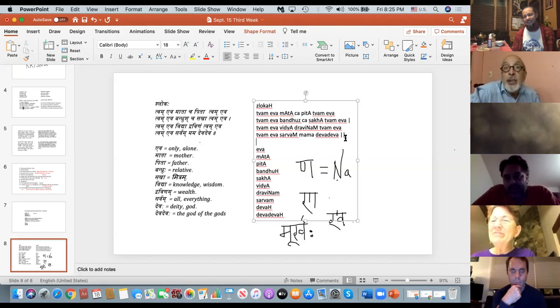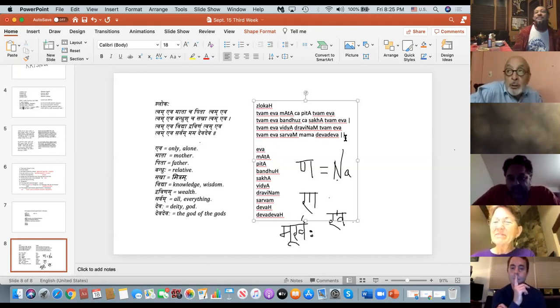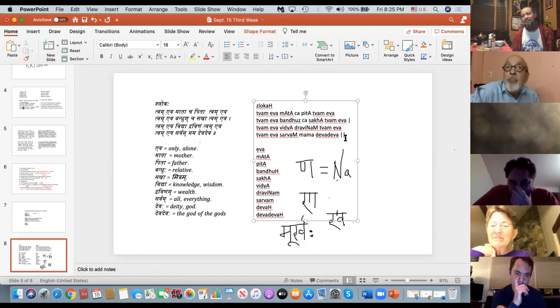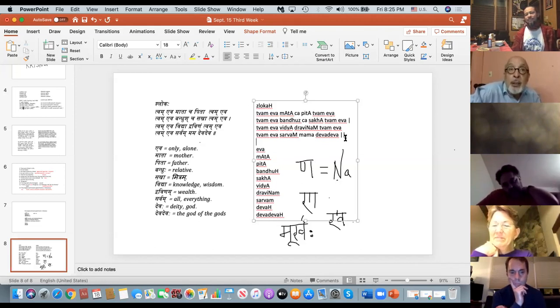It is very easy to memorize Sanskrit text, and memorization in traditional Sanskrit school is still considered very important. Sanskrit is an oral tradition, and so teachers really appreciate it when you memorize it.